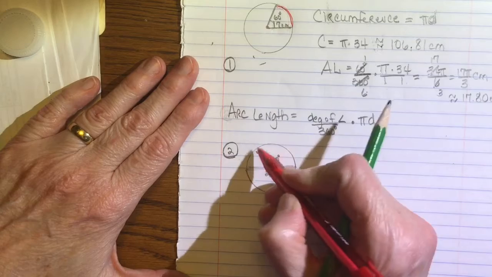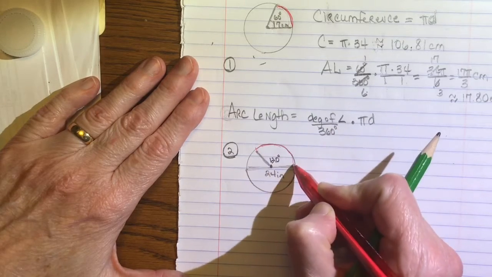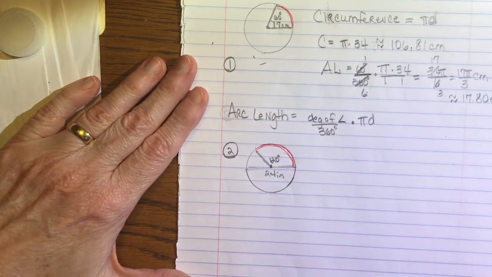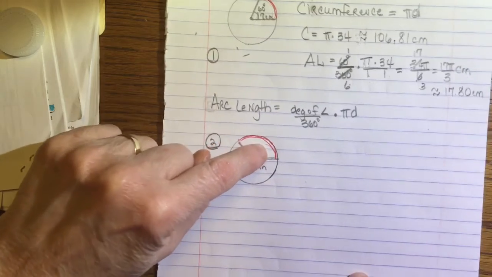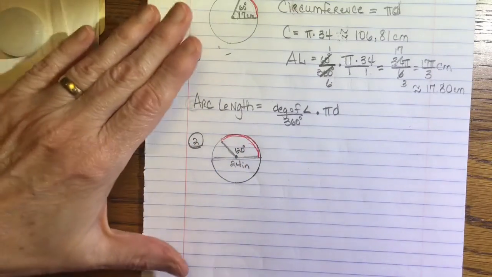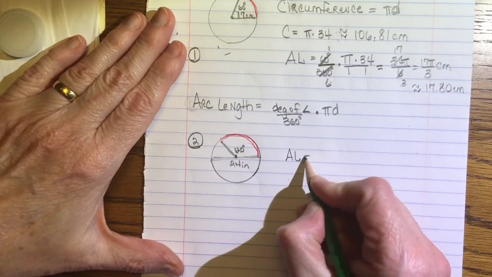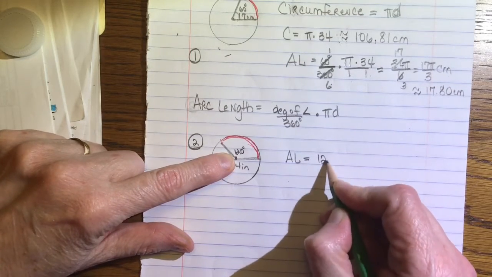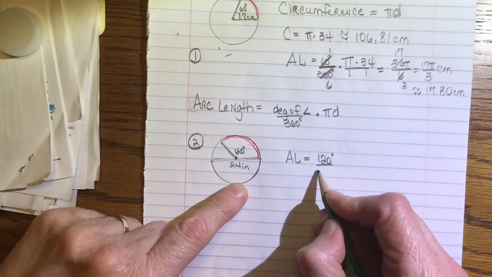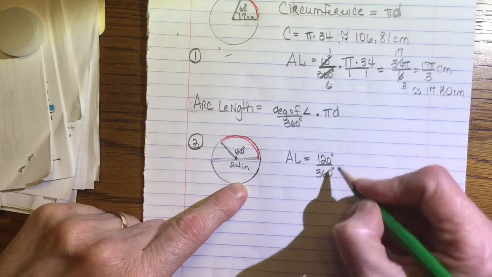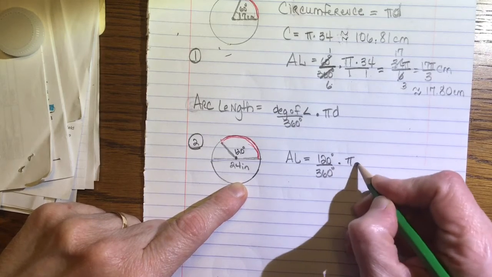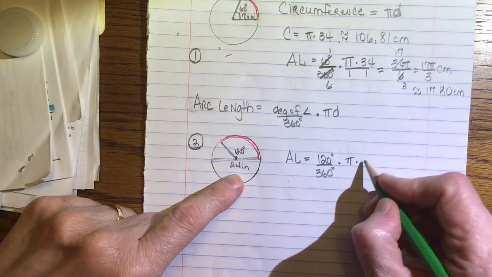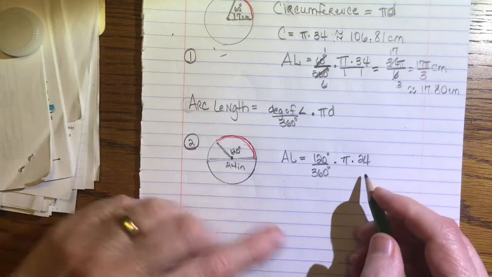So this is my arc length from here to here, and I want to know the length of that arc in inches. So arc length is equal to the degree of your angle over the degree of the whole circle, times pi times the diameter, which is the 24.